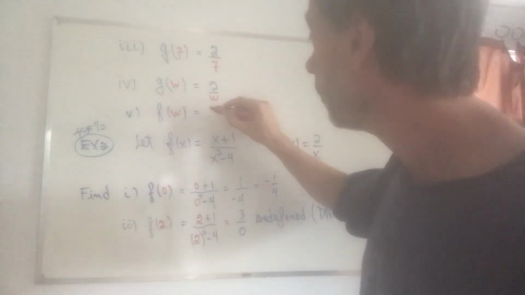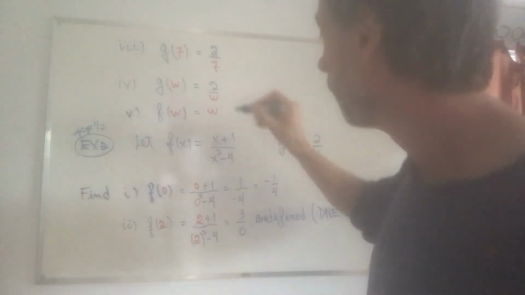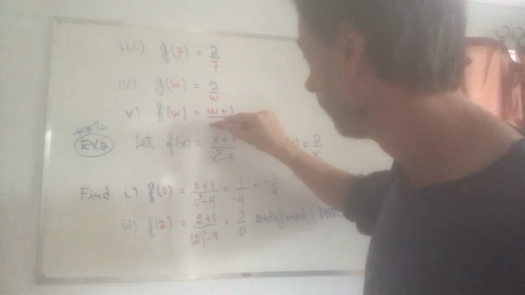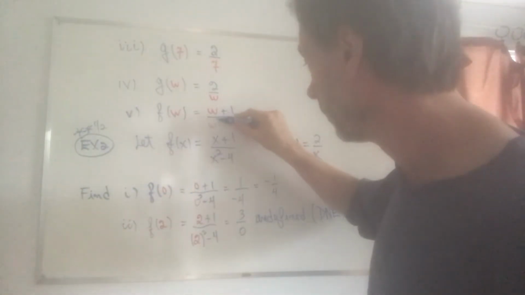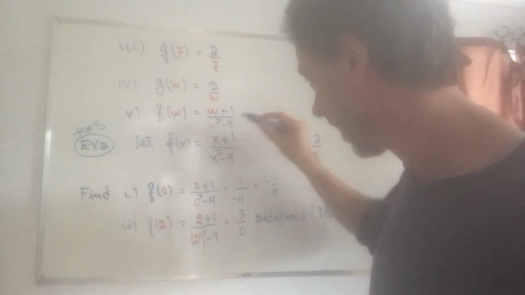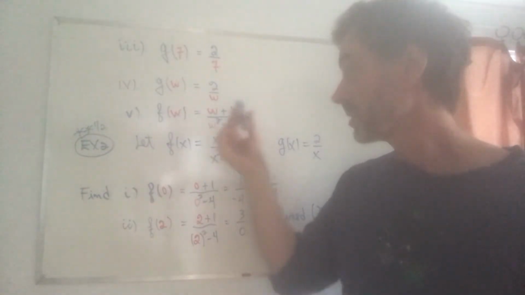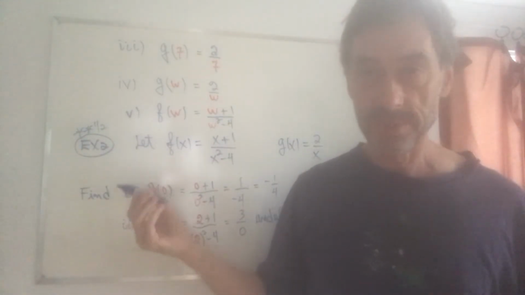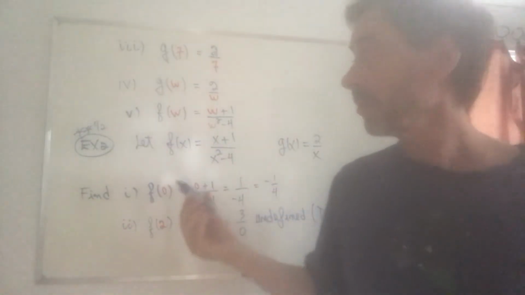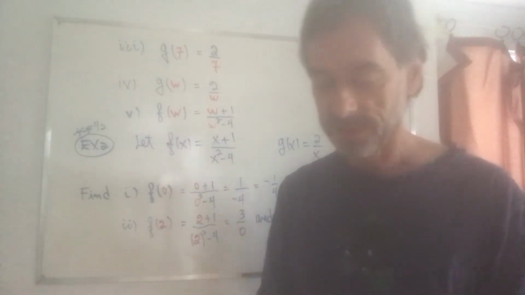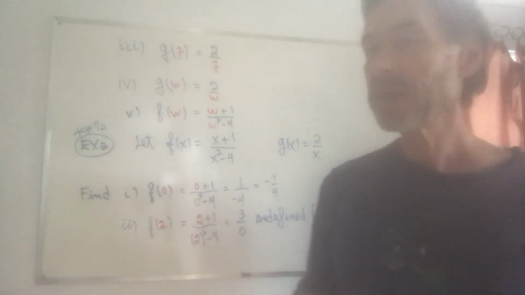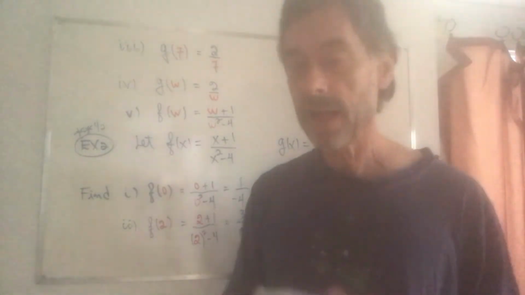So w plus 1 over w squared minus 4. There's not much that I can do about this, really. Can't really simplify it. I guess I could factor the bottom, but I won't. So that's f of w. It's not very pretty, but it is what it is. So why this evaluation at a letter like w? Like I said, because it is actually very useful in calculus.